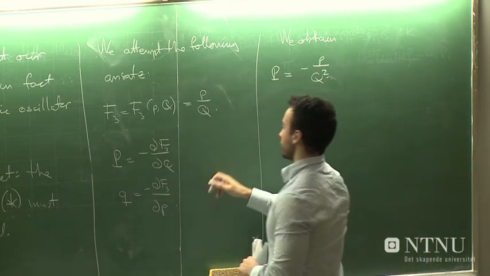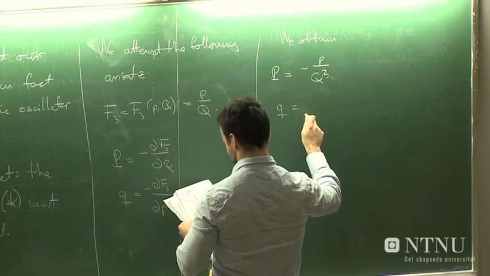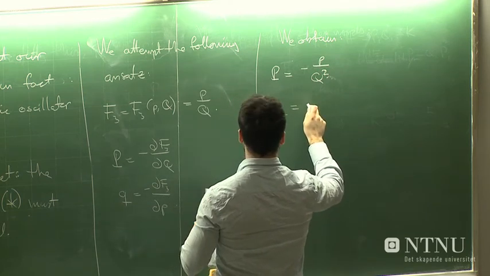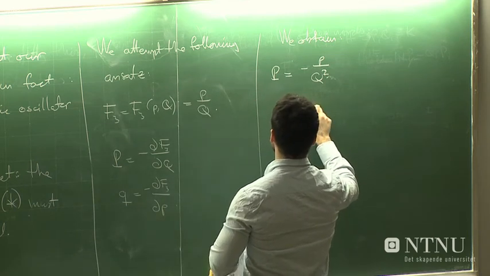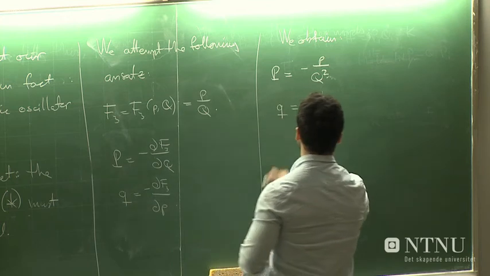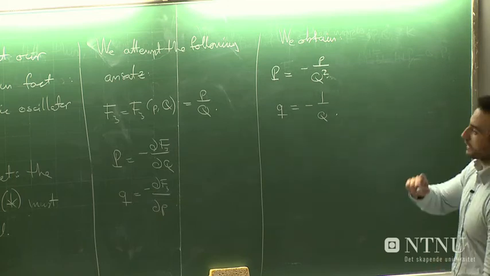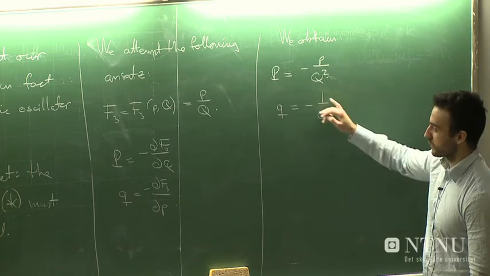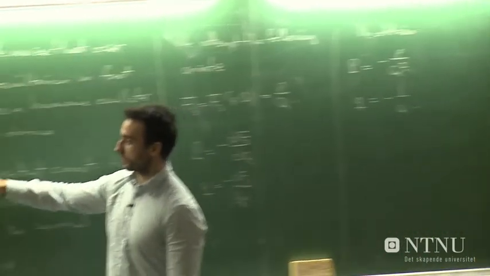And the second one is Q equals minus dF3 over dP, which looks like this. So there's a problem here, which I see now. Well, this equation is okay. This equation is consistent with this one.